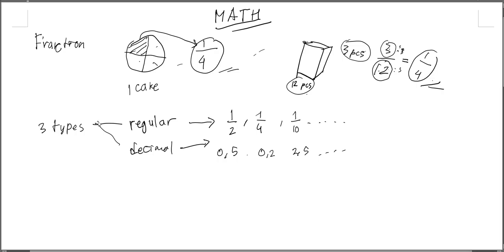And the last one is percentage, for example 50% and 100%, or maybe 25%. We frequently see percentages when we go to a mall and they are offering discounts, they will use this 25% discount.